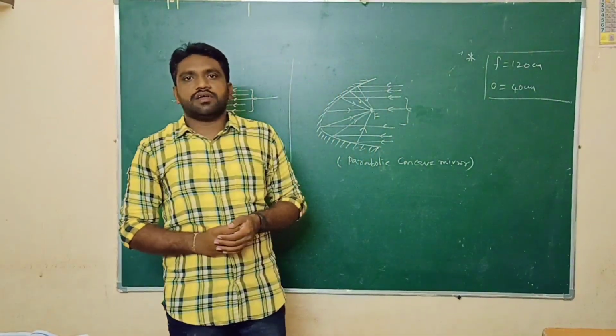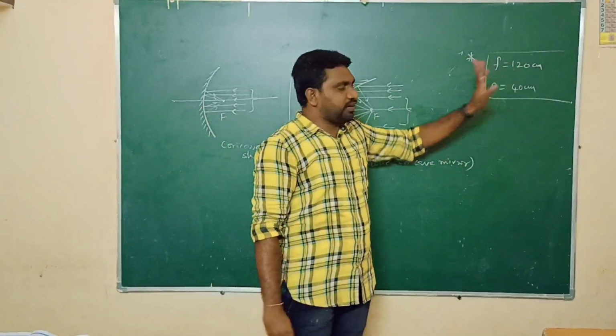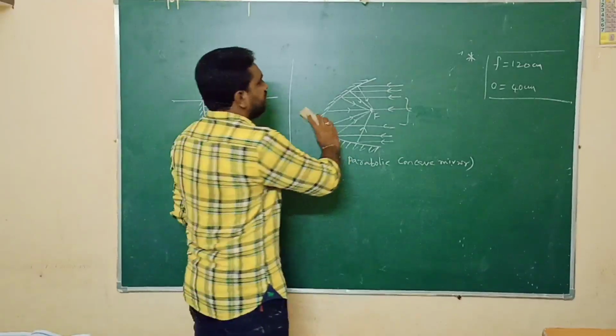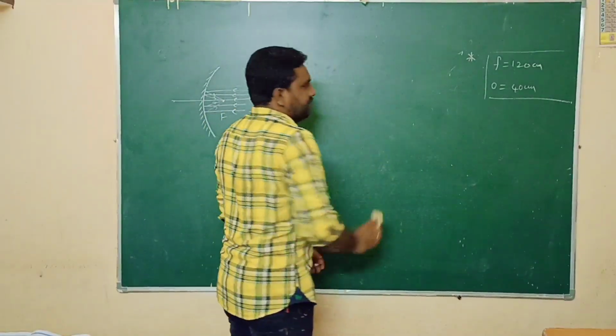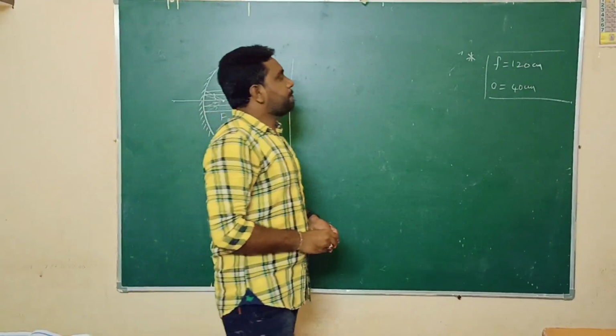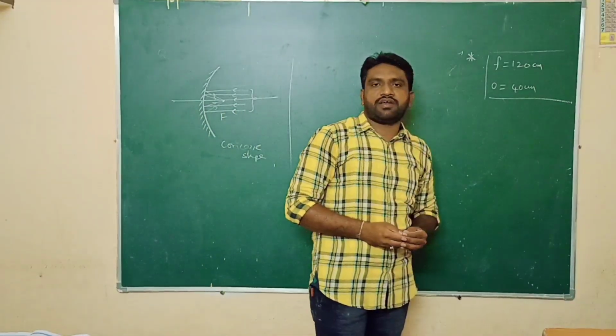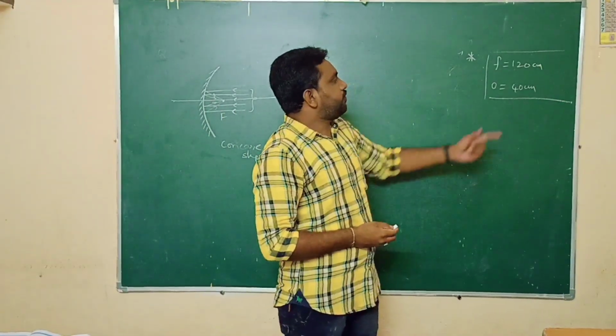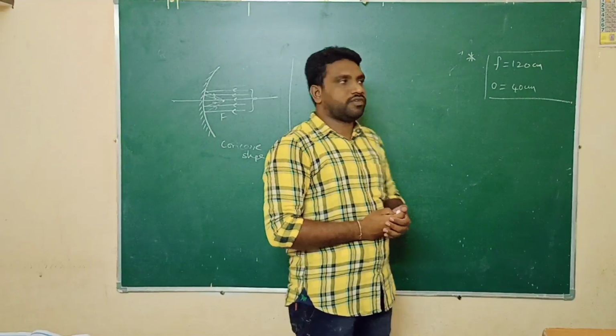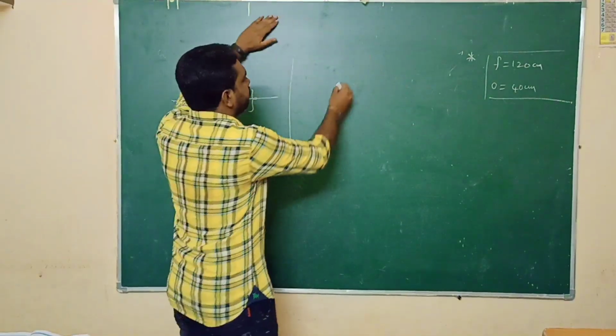If the focal length of a concave mirror is 120 centimeters, for example, one person is standing in front of this concave mirror at 40 centimeters from the mirror. Now I am going to draw the diagram here.